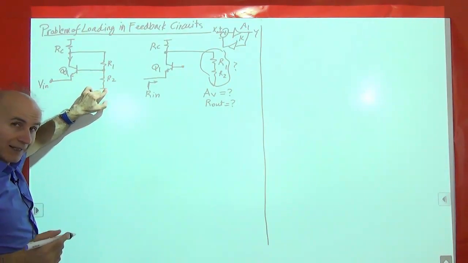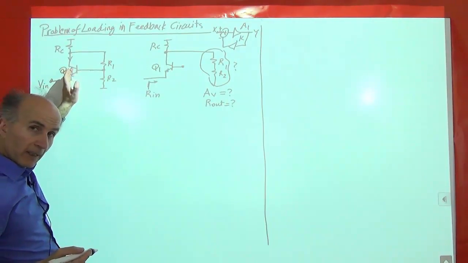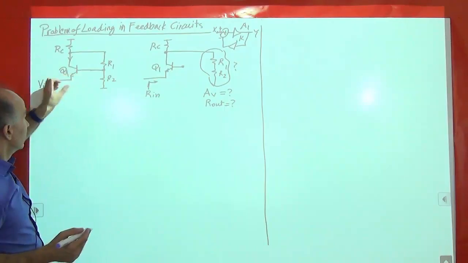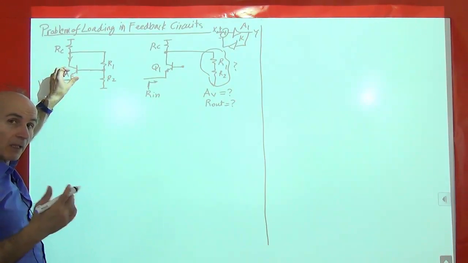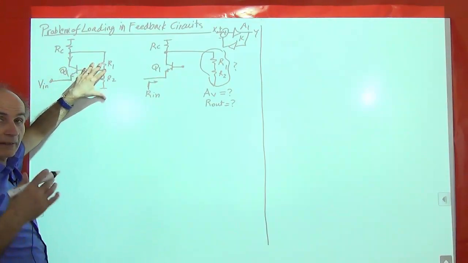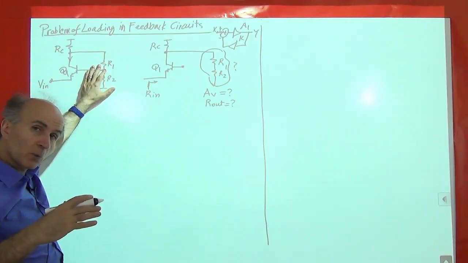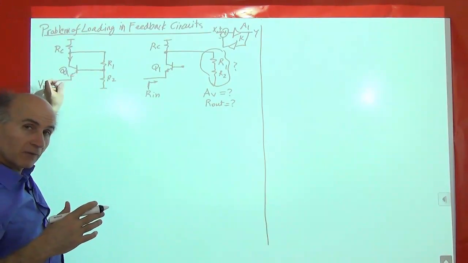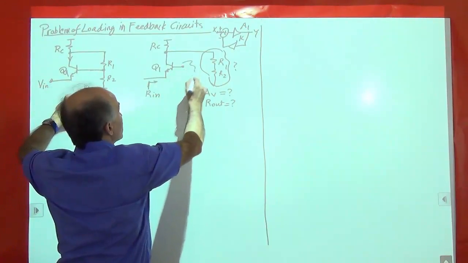So it's not exactly AC ground in the closed loop case, right? The point is that the impedance that we see here has some contribution from what we have in the base. We know that some impedance in the base will be divided by beta plus 1 when we see it from the emitter. So something has to go here also.